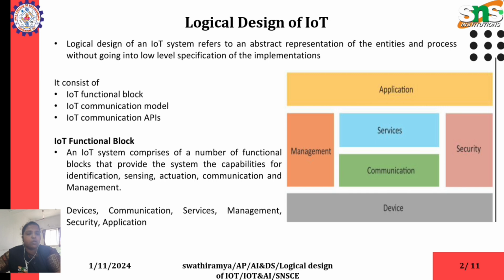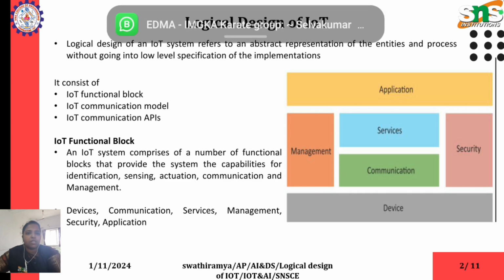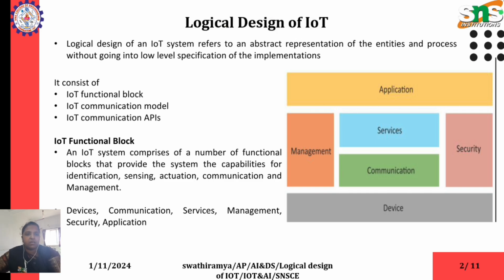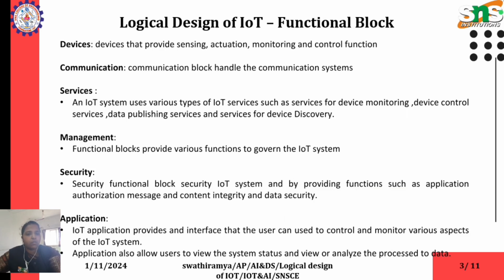Service means either controlling the device, looking at the status of the device, or getting data from the device. At the end of the day, you communicate with the user, so you need an application interface. The application block is one of the blocks here. All these come under the IoT functional block.